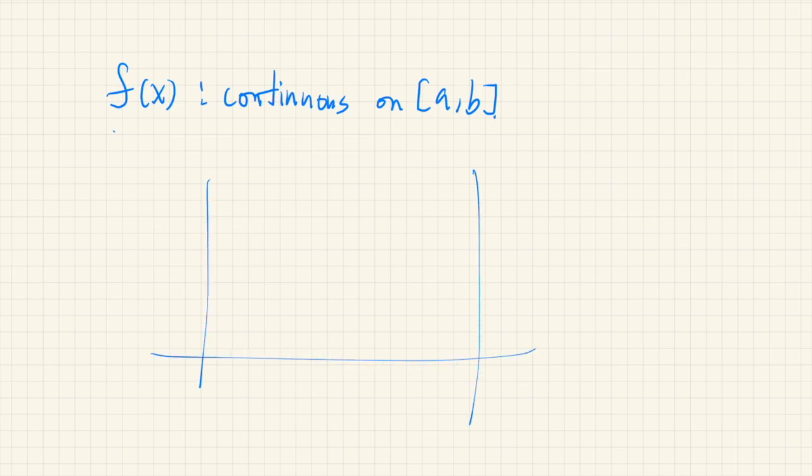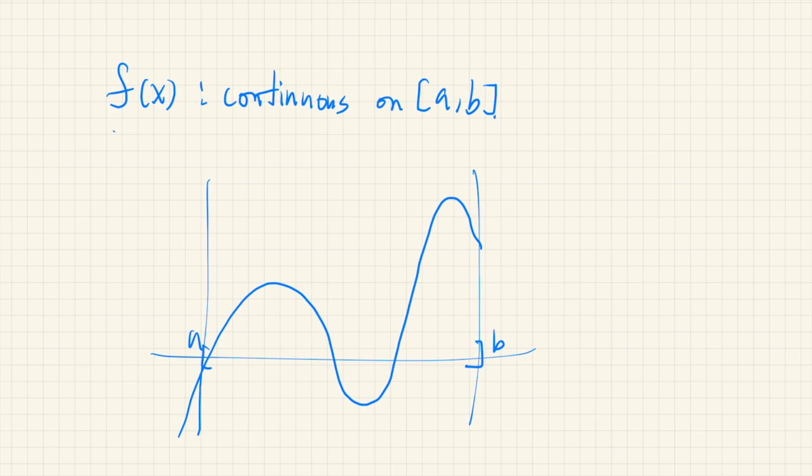Suppose we have a continuous function on a closed interval between a and b, and we are interested in finding the maximum and minimum value of this function. So if the function looks like this, for example, and this is A and this is B. The minimum value of this function may be somewhere.